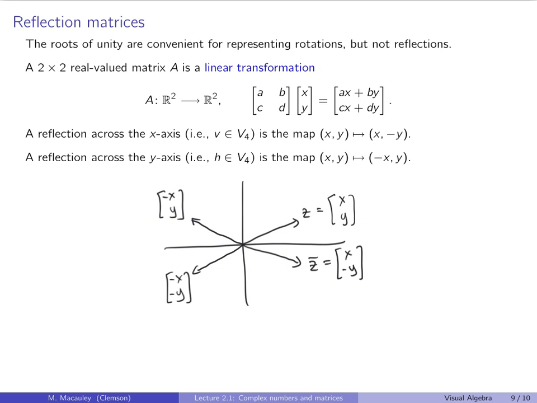And I claim that this is a 180 degree rotation of this original vector. You can see that geometrically. Now what is this? This thing here is just negative z bar. And this thing is just negative z.